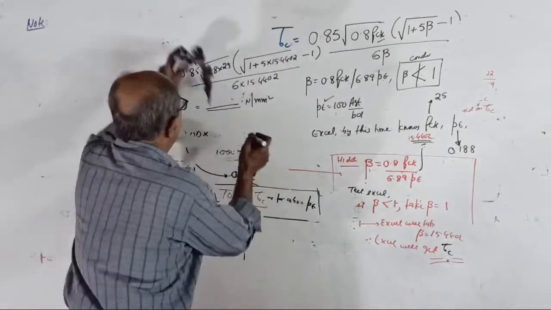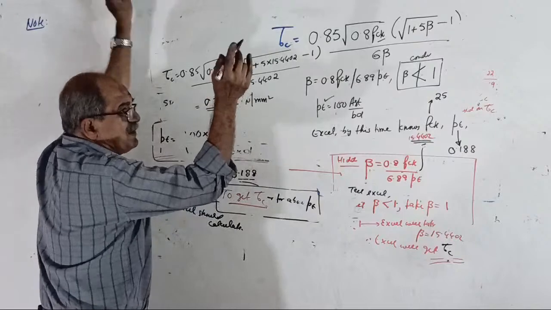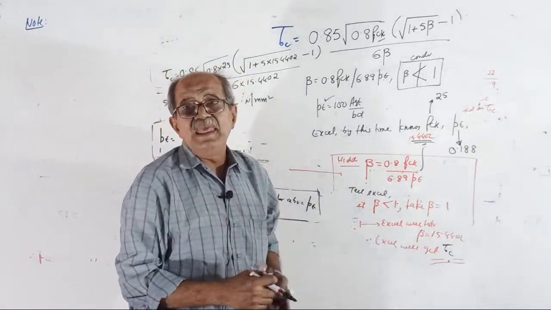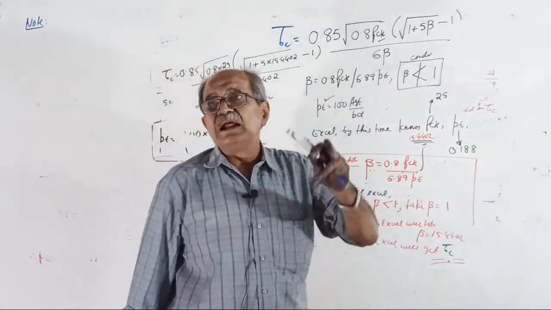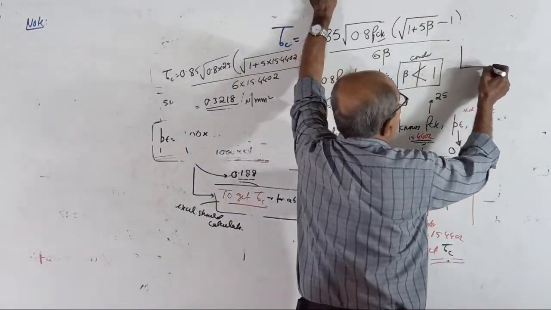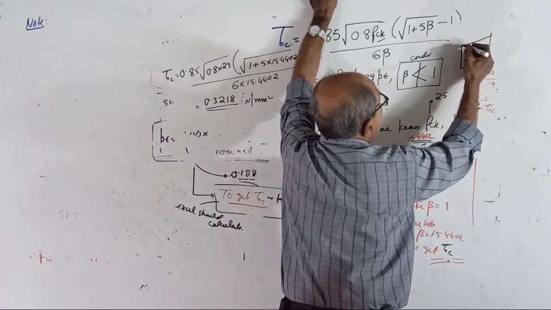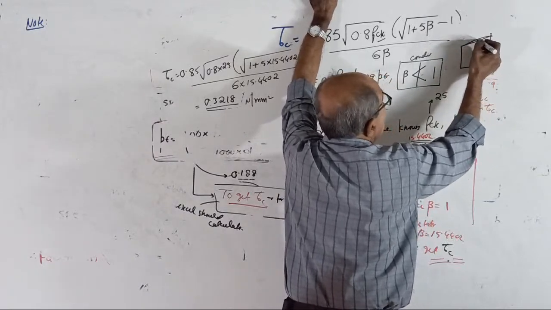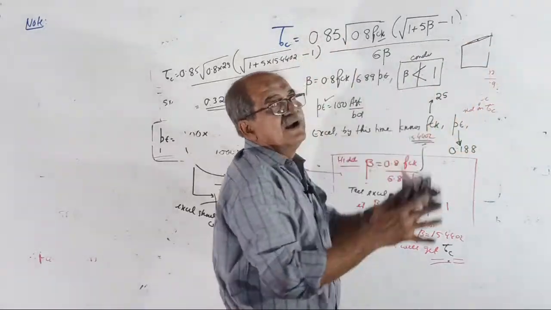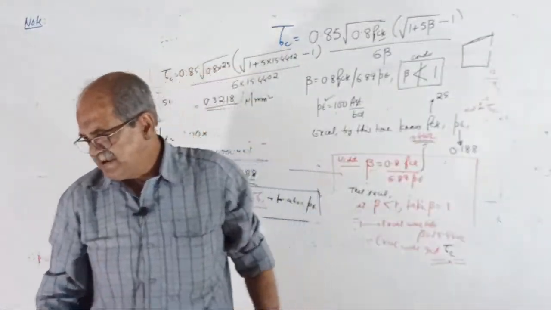0.3218 is coming. So how much did you get for tau c? It will vary a little for us, because interpolation means, when you got two values you take linear interpolation, but there will be curvature, so a slight error will come. Tell me how much value we got by table.